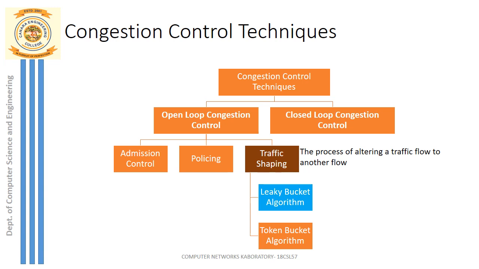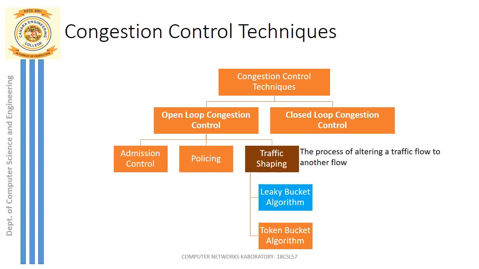That means how to manage things whenever congestion happens. That is the main difference between them: open loop congestion control is used before congestion and closed loop congestion control is used after congestion.